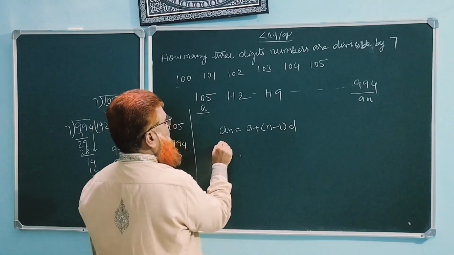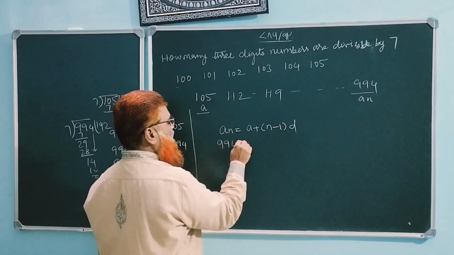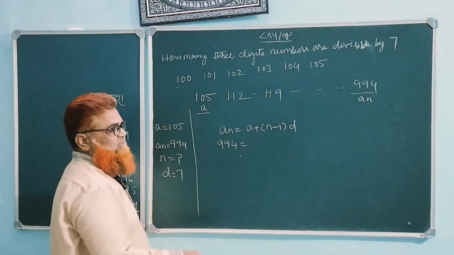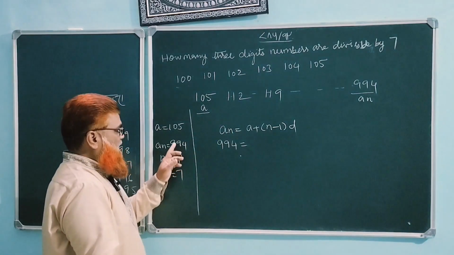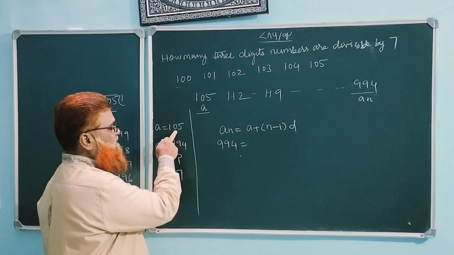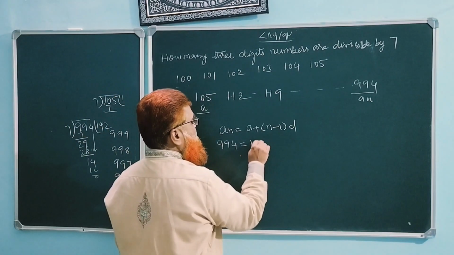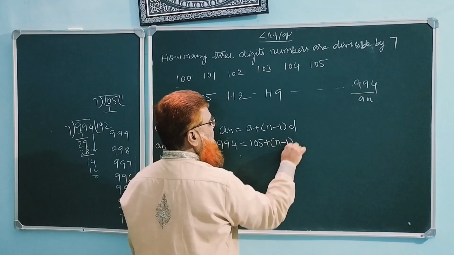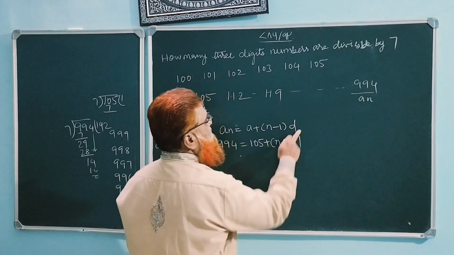an is equal to a plus n minus 1 into d. We have 994 is equal to, because we assume it is the last term divisible by 7, a 3-digit number, and the first 3-digit number divisible by 7 is 105. n we don't know, which is to be determined, and d we know is 7.